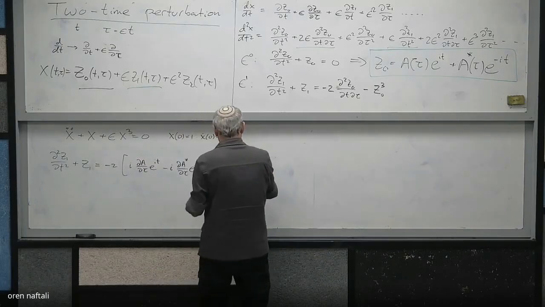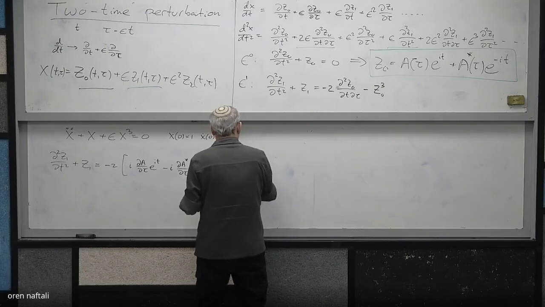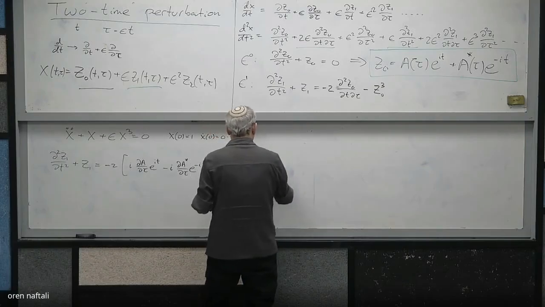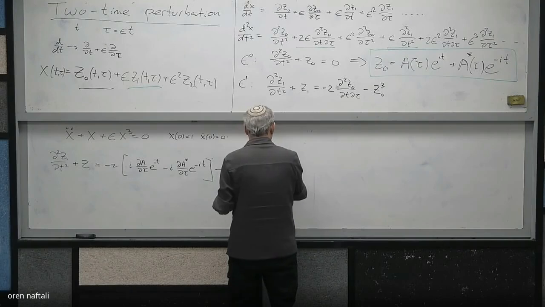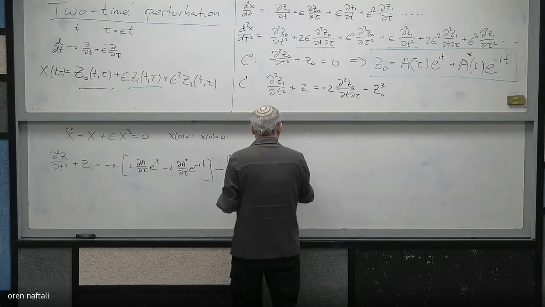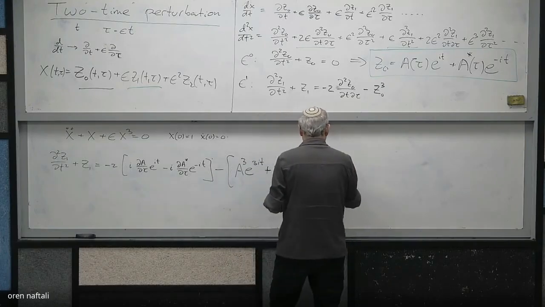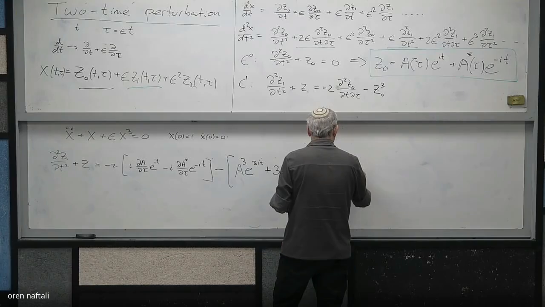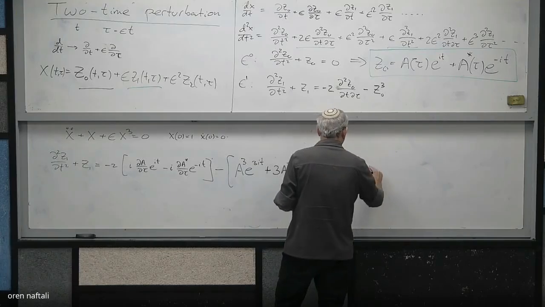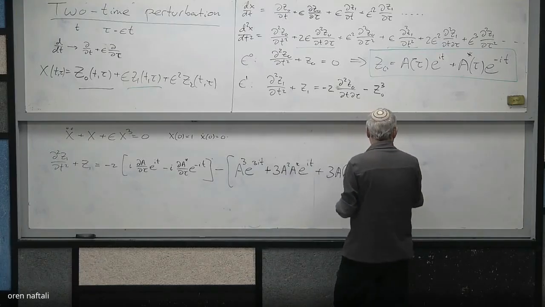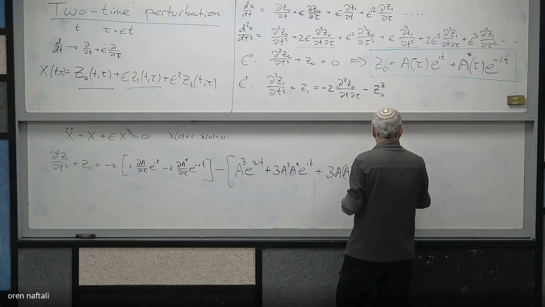So it will be A cubed e to the 3it plus 3A squared A conjugate e to the it plus 3A conjugate squared e to the minus it plus A conjugate cubed e to the minus 3it.